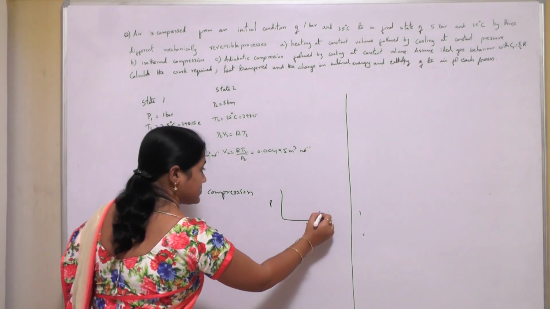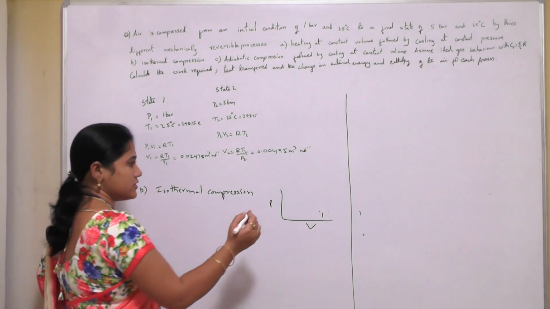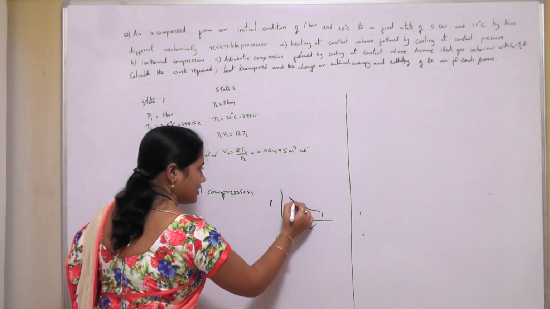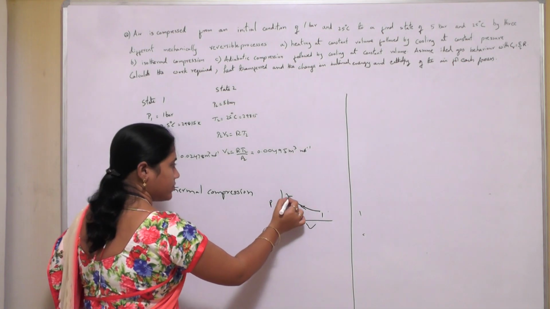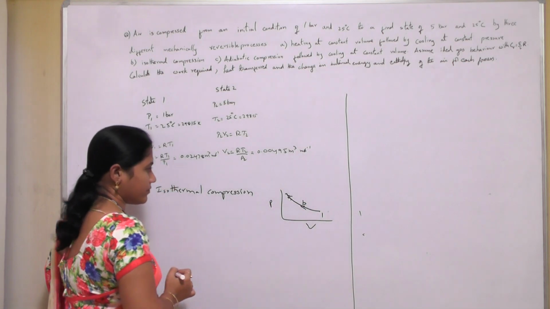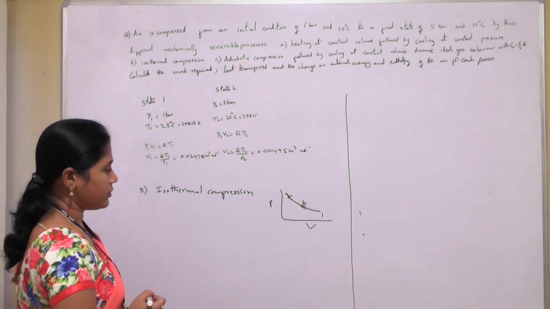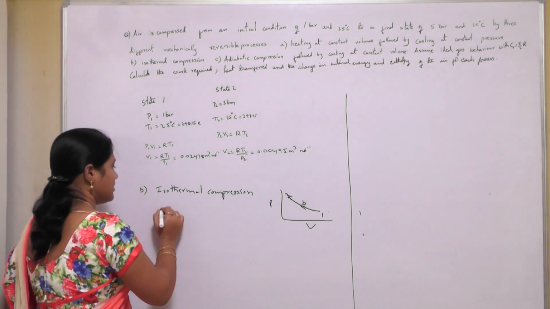Initially it is at state 1. The compression means the volume is reduced. So the curve is like this, 1 to 2. This is state 2, and the path 1B2 is an isothermal compression path.